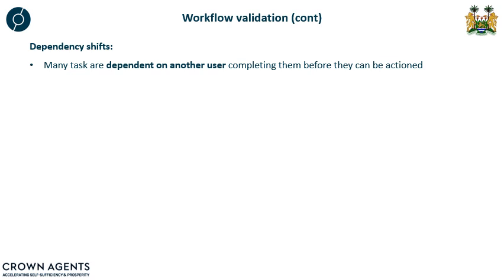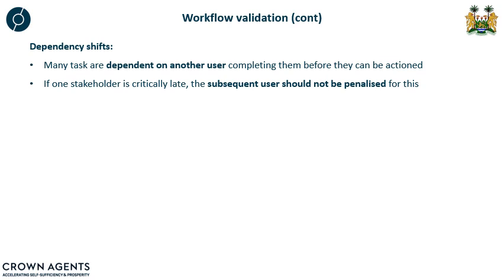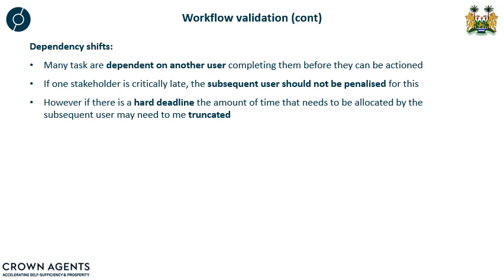So if one individual delays a process, that will mean that the dependent tasks will also need to be shifted, and it shouldn't really be up to the subsequent user to be penalized for their predecessor's delay. Therefore, the timelines have to be shifted.